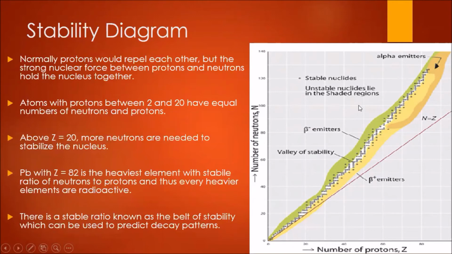Now, based on where this is on this line, you can predict what type of decay it's going to undergo. So, if I'm right here in this green area, to get down to here, I'm always going to have to lose something.